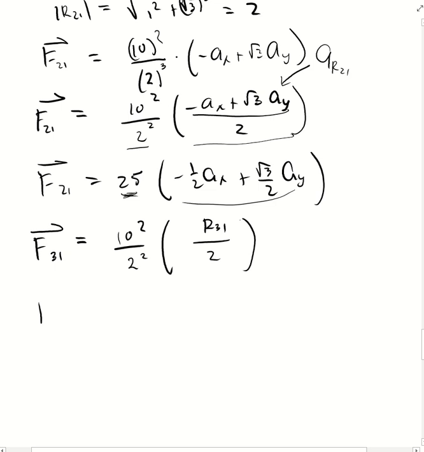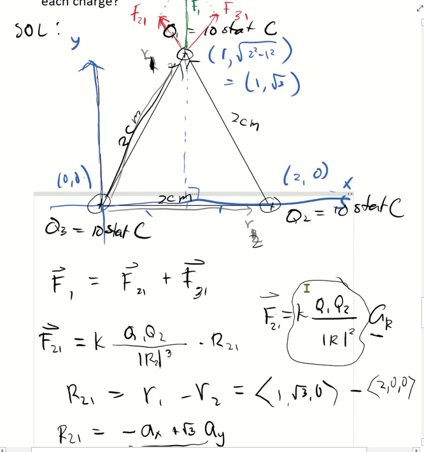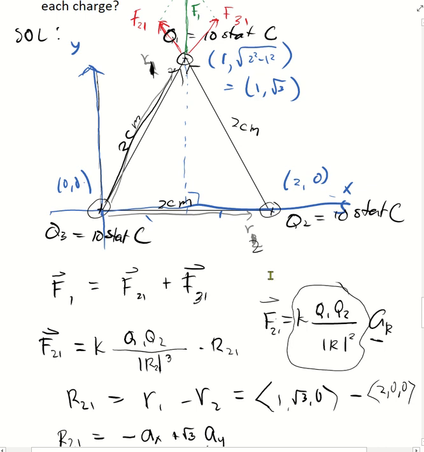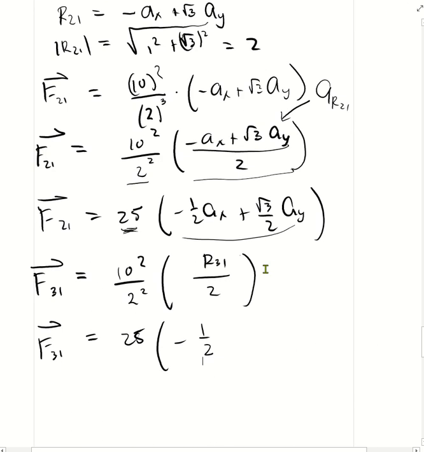So F31 will now be equal to 10 squared over 2 squared, 25, with the direction of, correct, 1 square root of 3. It's positive 1 half.